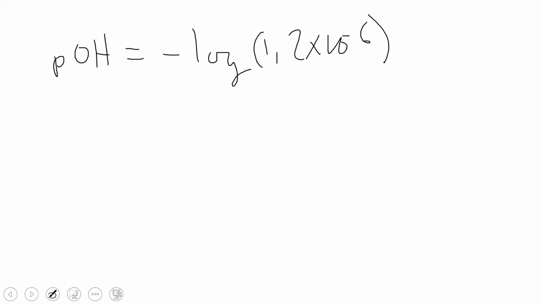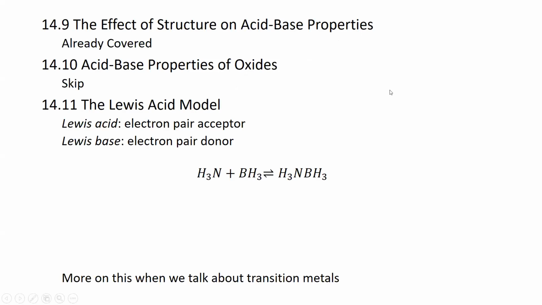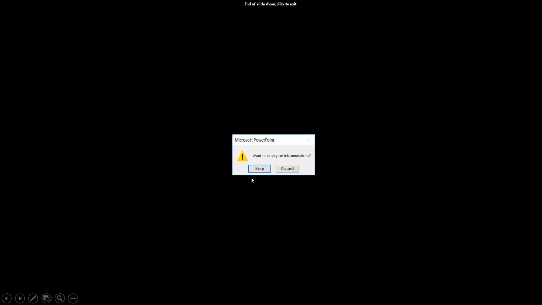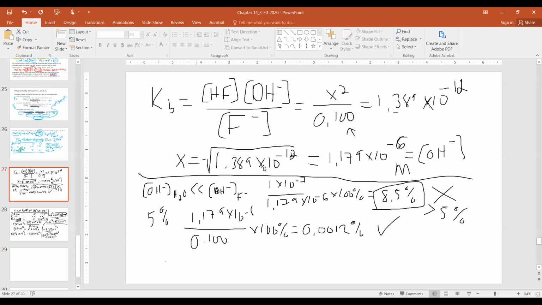Wait, don't we have to add the 1.0 times the 10 to the minus 7 plus x? Sorry, I'm a little out of sorts with the technology at the moment. Because otherwise it would be the same as what we got before. Yeah, you're right. We have to add the 1 times 10 to the minus 7 from the concentration of hydroxide.